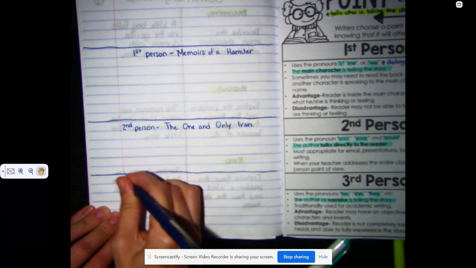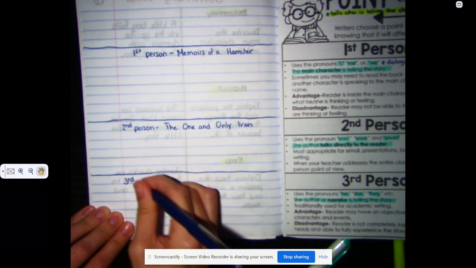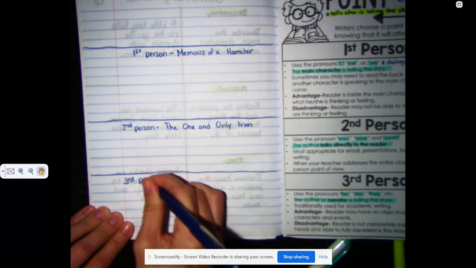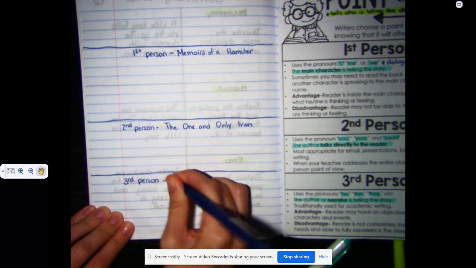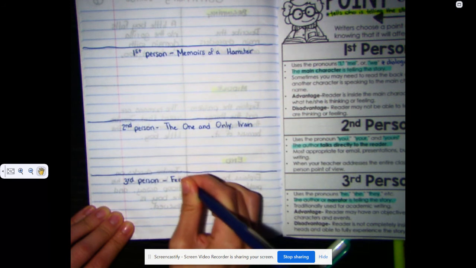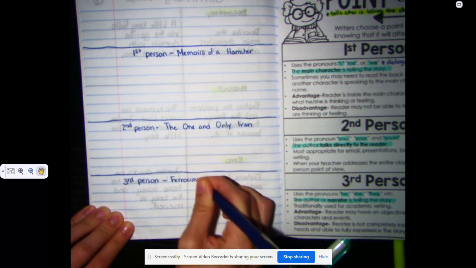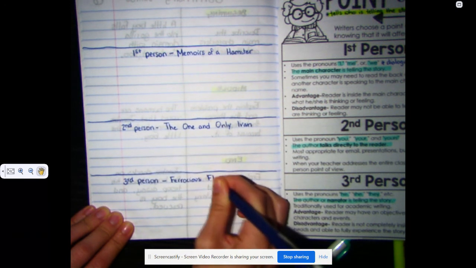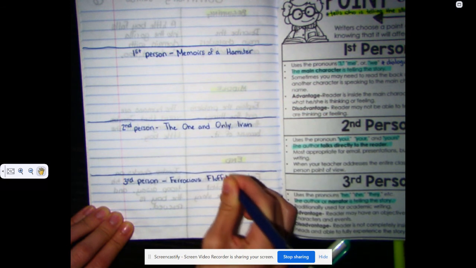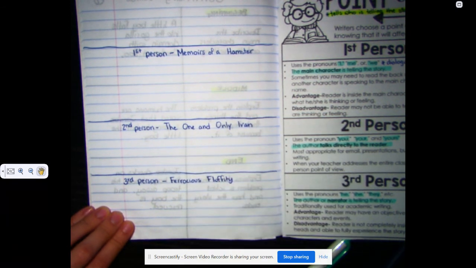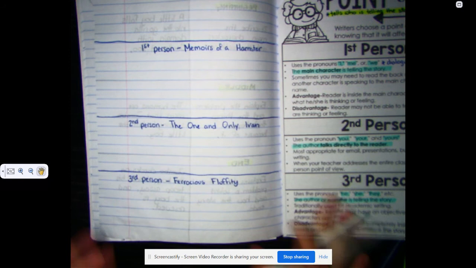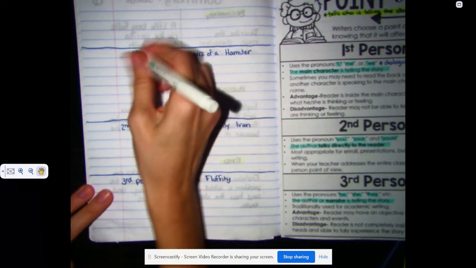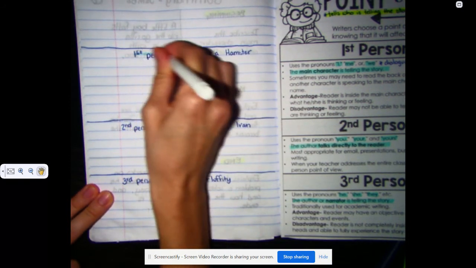And our third person story is going to be Ferocious Fluffity. And throughout the week, we're going to be adding details, different pronouns that we see that support that the story is first, second, or third person.